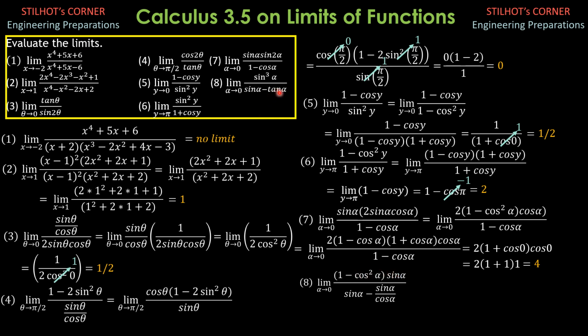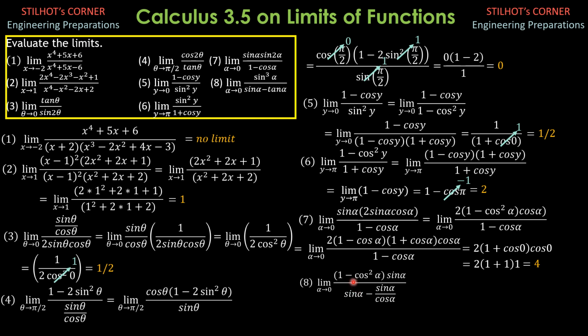And I replace tangent of alpha by sine alpha over cosine of alpha because as alpha approaches 0, sine of alpha approaches 0, tangent of alpha is also approaching 0. So we have almost 0 in the denominator. Sine of alpha as alpha approaches 0 is also 0 in the numerator. So we have indeterminate form again.